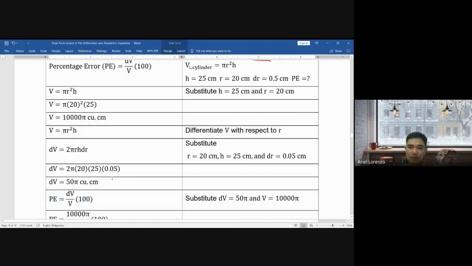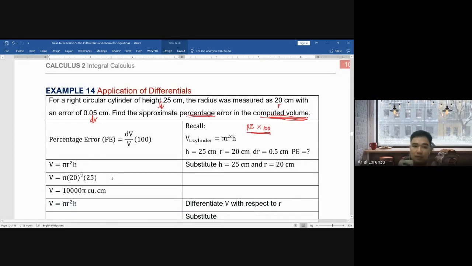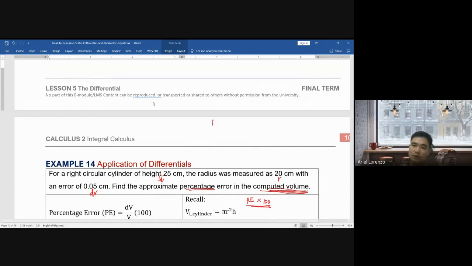Okay. So let's try. Volume is equal to pi r squared times h. Tama? Wherein h is constant. So we have your dV all over V. So ang derivative ni V, constant si pi tsaka si h.